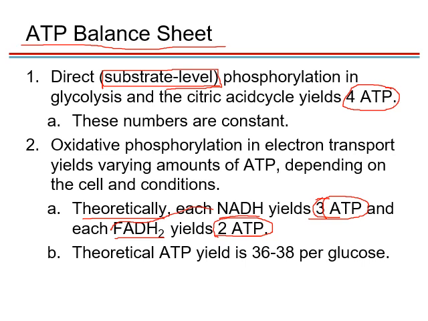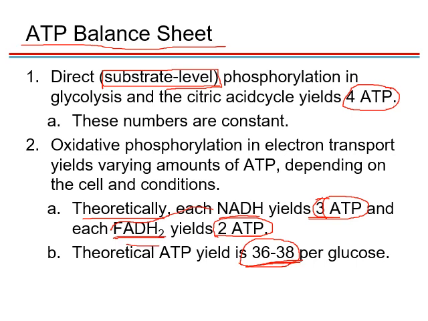Well, theoretically, we can yield basically 36 to 38 ATP per glucose molecule, because we'll pick up 32 to 34 at the electron transport chain. So remember, we had 10 of these coming in, and we have 2 of these.